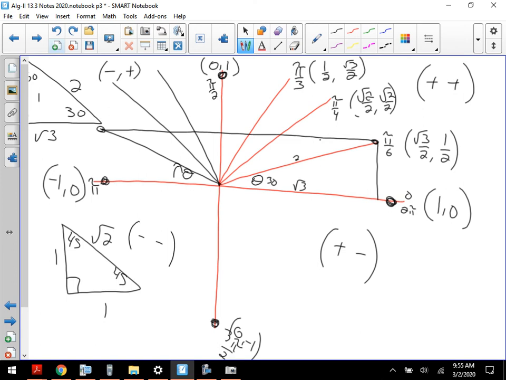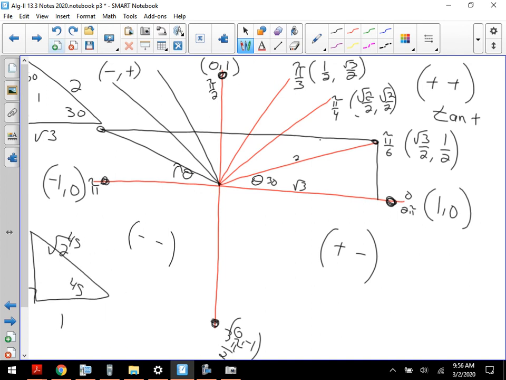Which one? 1 and 3. At 1 and 3, tangent's going to be positive because the signs are the same. Positive divided by positive, y over x, tangent's positive. Negative divided by negative is positive, that's why. Tangent's negative in the second and fourth.